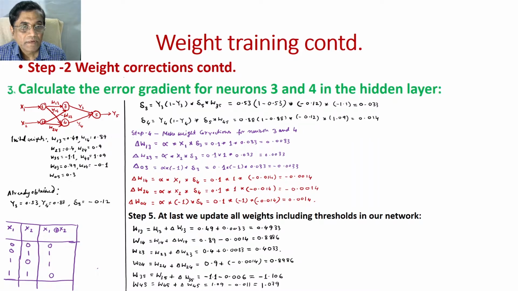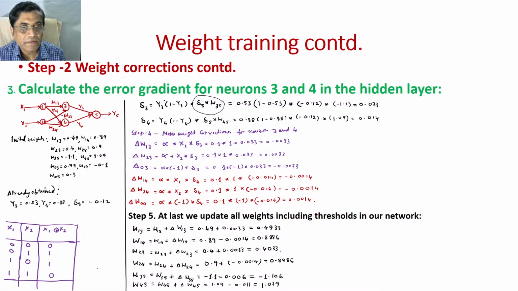Now I need to calculate the error gradient at this neuron. That is delta 3. So it will be y3 into 1 minus y3, times that summation I told, and the summation is only 1 term here. So this times W35. This is known.